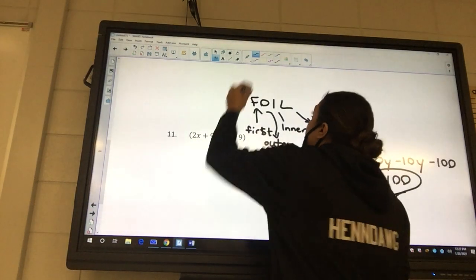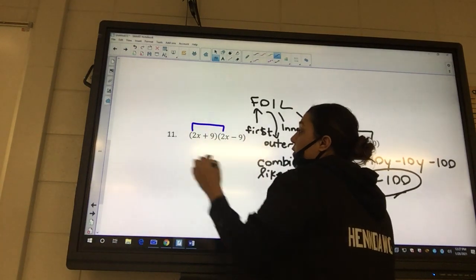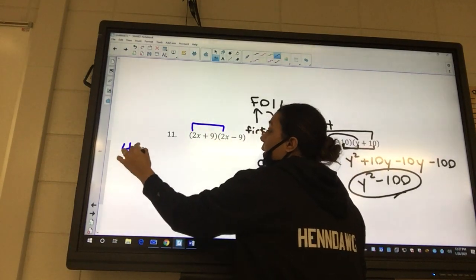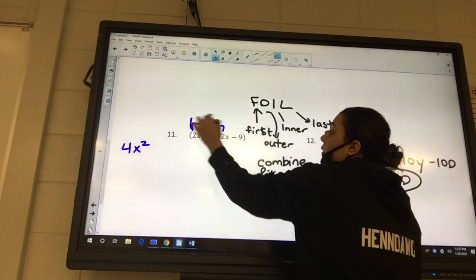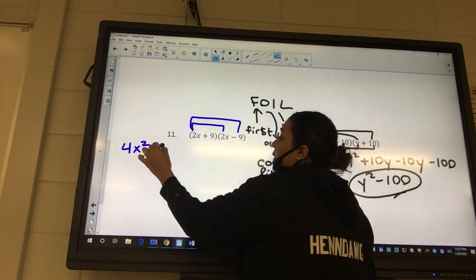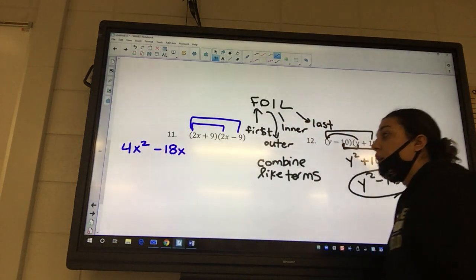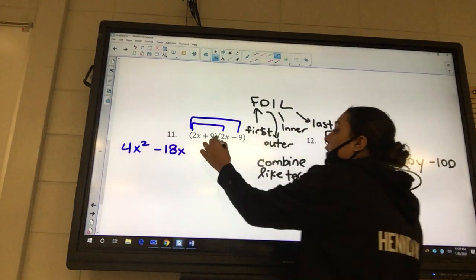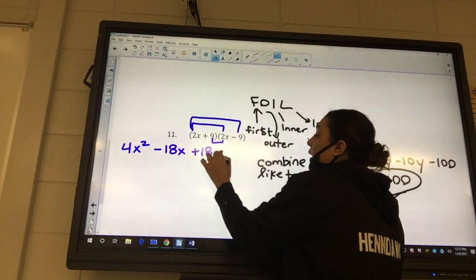Okay, so if we were to do this one, we multiply the first. 2 times 2 is going to be 4, and we have 2 x's, so x squared. The outer, 2 times negative 9 is going to be negative 18x. The inner is going to be positive 18x.